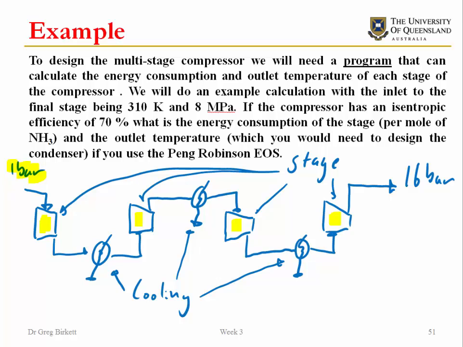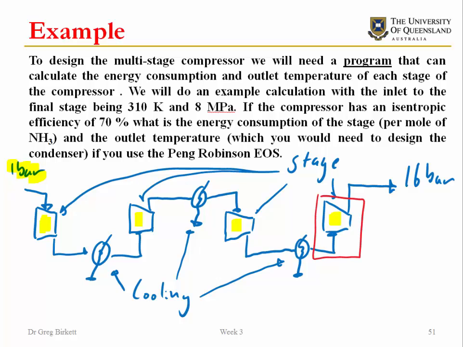In between, we've got cooling happening, because this improves the energy efficiency of the compressor. And then what we're specifically going to be interested in here is this final stage.